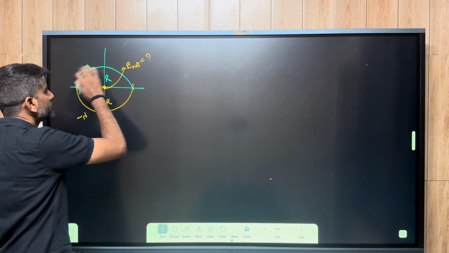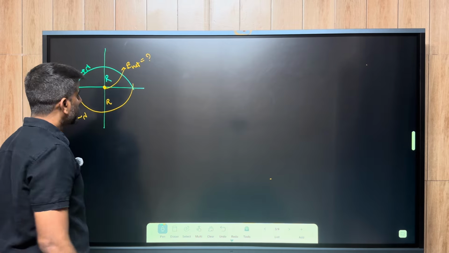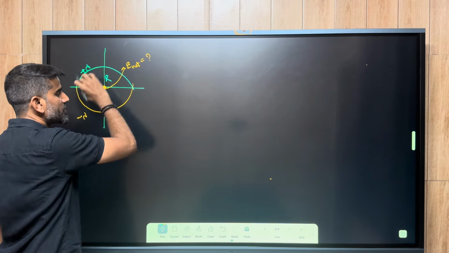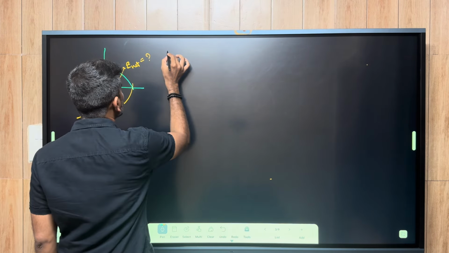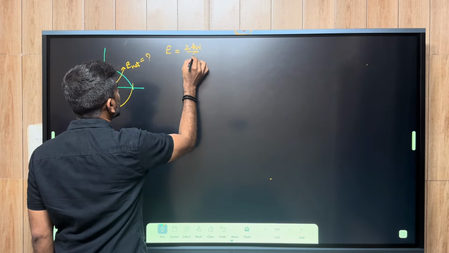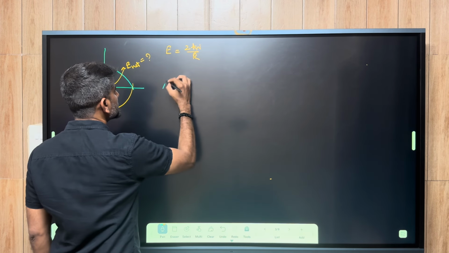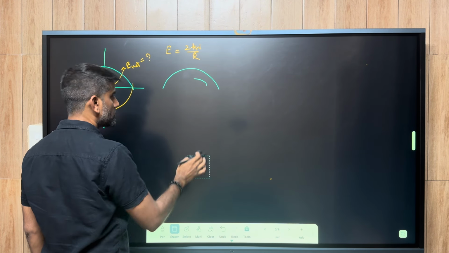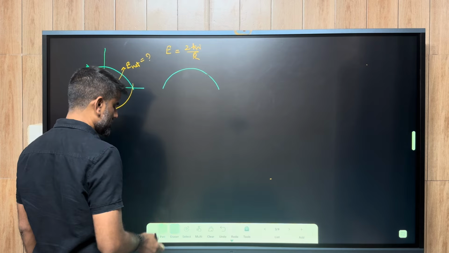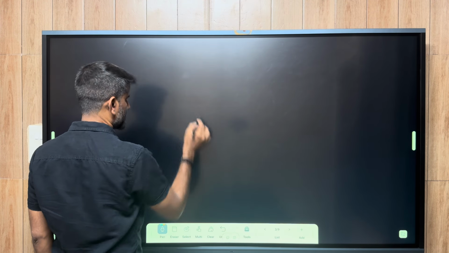Now let us take the first semicircle, that is positively charged. We have already discussed the electric field due to the semicircular wire: E is equal to 2k lambda by r. For a positively charged semicircular wire, this is the center.